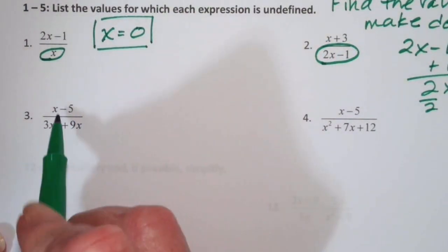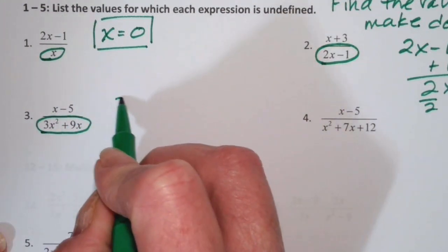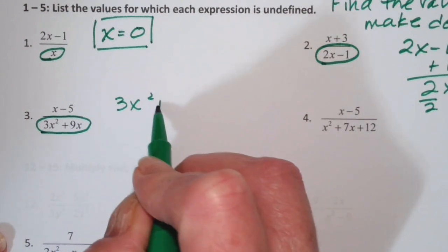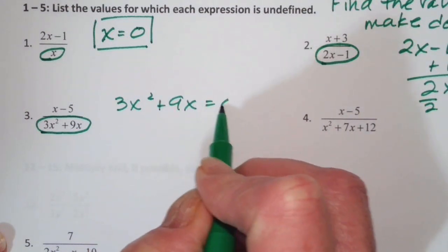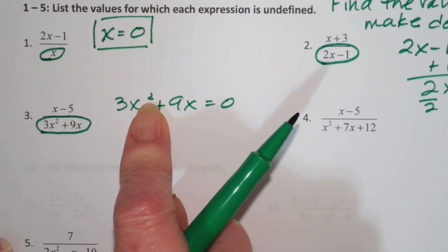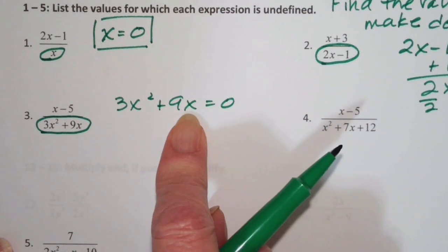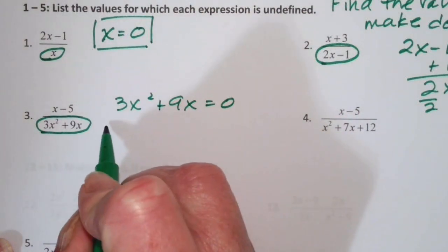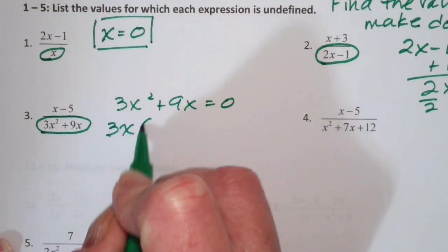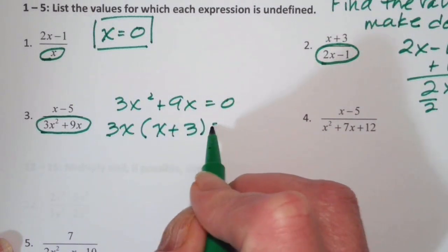Okay, for number 3, again, I have to set the denominator equal to 0. So I have 3x squared plus 9x is equal to 0. Now, since it's a quadratic, I want to try to factor this. I notice this is 2 terms, and it has a greatest common factor. The greatest common factor is 3x, so when I factor that out, I'm left with x plus 3.